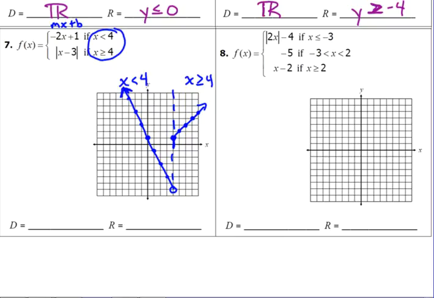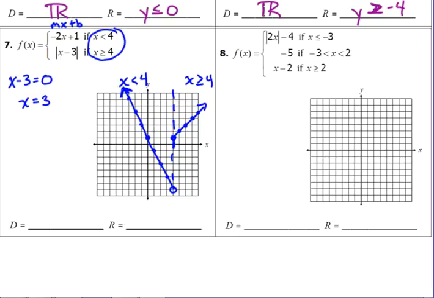Flip your paper over. Okay, it is the turning point, but how do we find it? It's step 1 in the list of steps. We set what's inside the absolute value equal to 0. So where is our vertex? At positive 3. Okay, at positive 3 is the vertex.